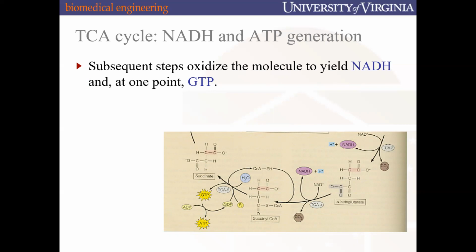As we move from isocitrate to alpha ketoglutarate, the enzyme catalyzing this reaction is isocitrate dehydrogenase. As we move from alpha ketoglutarate to succinyl coenzyme A, this is catalyzed by, as you can imagine, alpha ketoglutarate dehydrogenase. Both dehydrogenase reactions give us an NADH molecule but also release CO2, so they are also decarboxylation reactions.